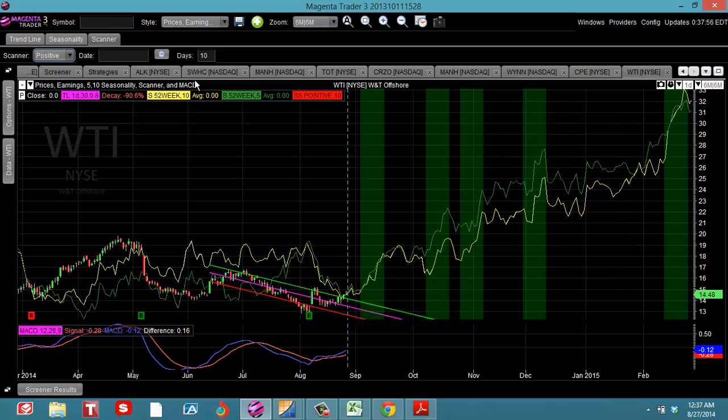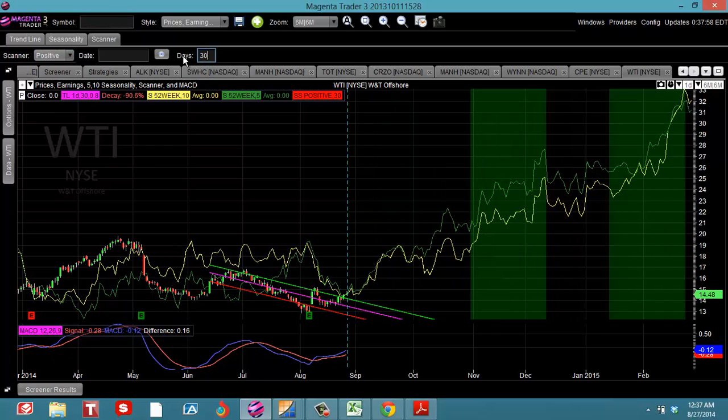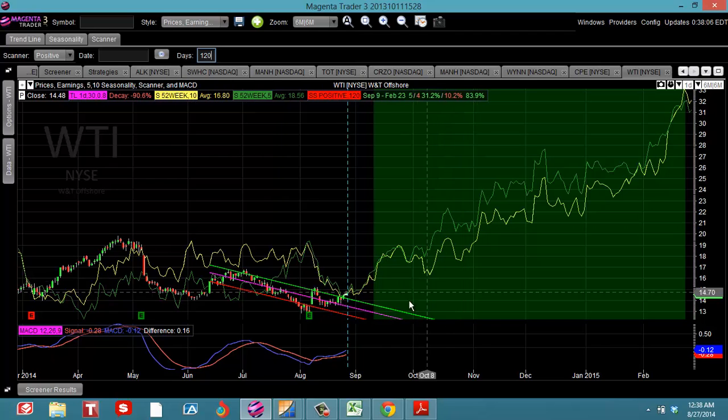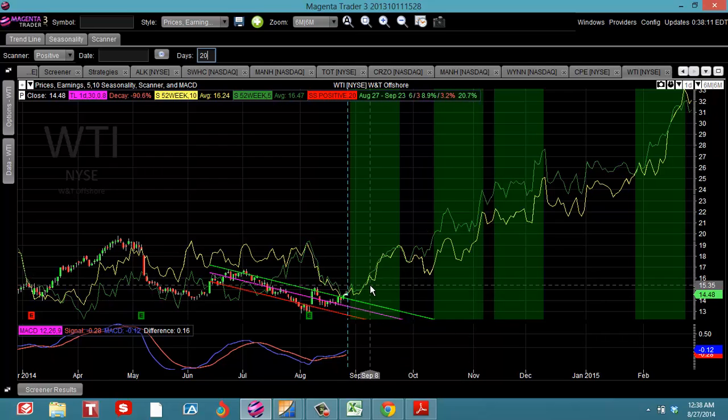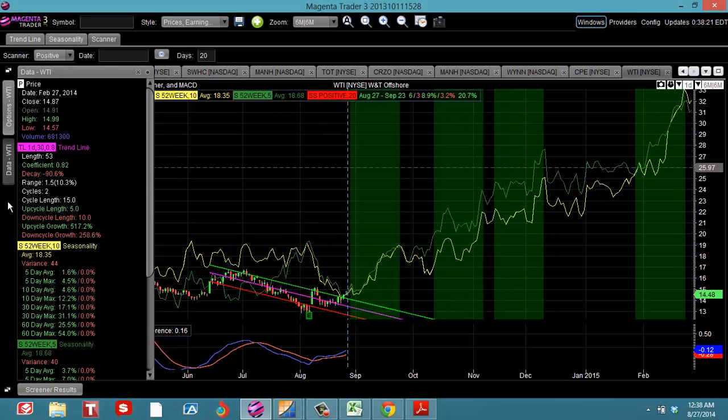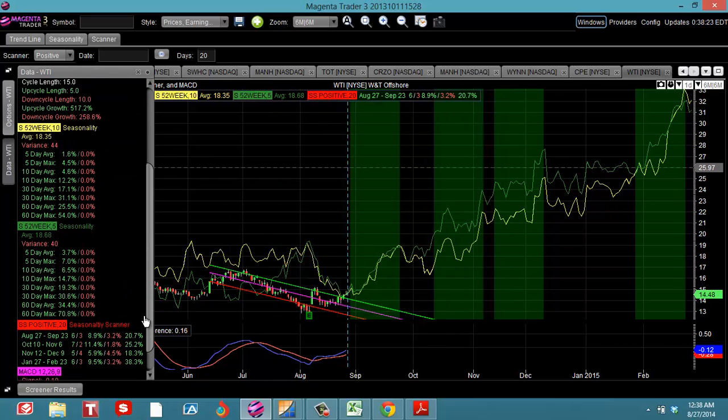And let's take a look at it seasonal wise here. Let's look at 90 days. And we're even in the best 120 days here. We got a big bullseye. Let's put 20-day periods. You know, we got a 6 and 3, 7 and 2, 5 and 4. I always like looking here at windows. I open up data, and then I want to catch some of these strong periods right here.